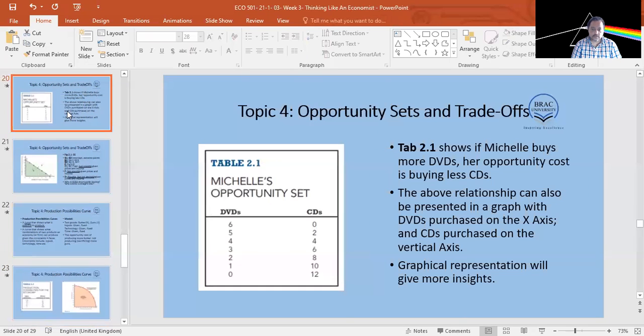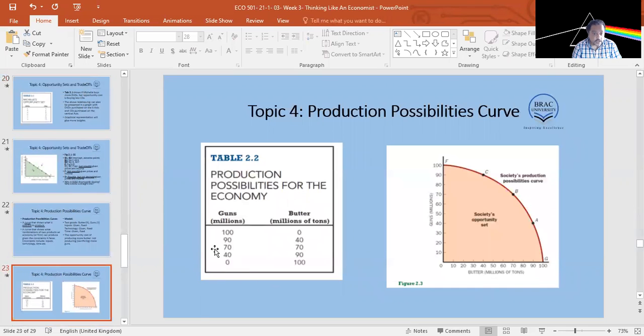The difference is over here, for each unit of DVD sacrificed, we always get two more units of CDs. Move from 5 to 4, two extra CDs. Move from 4 to 3, two extra CDs. But over here, for each unit of guns that we sacrifice, we do not get the same ratio of butter.